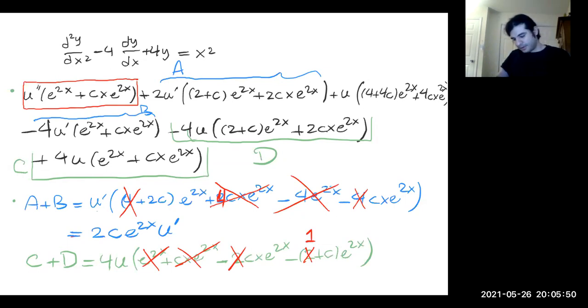And therefore, the final thing would be minus c e to the 2x times x plus c plus 1 times, there is also 4 times u. That would be the final thing.